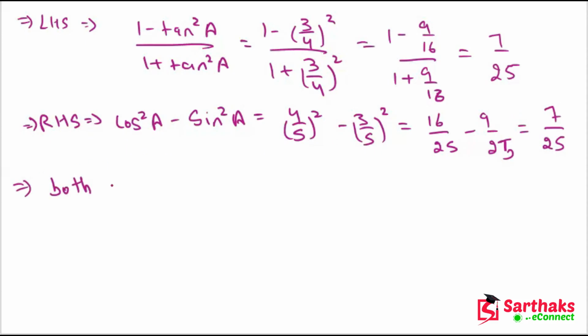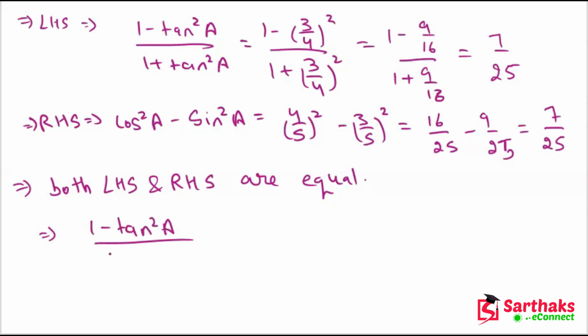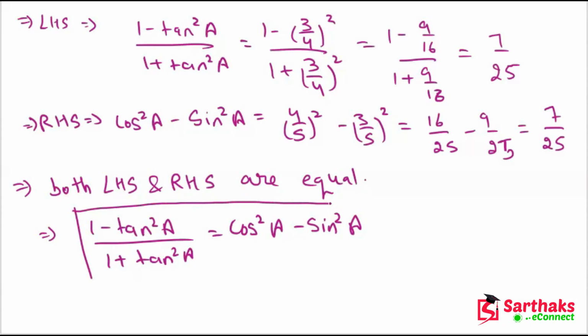Both LHS and RHS are equal. Hence 1 minus tan square A divided by 1 plus tan square A is equal to cos square A minus sin square A. Hence proved.